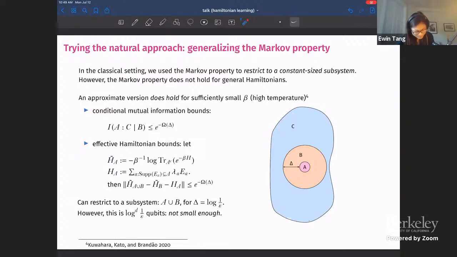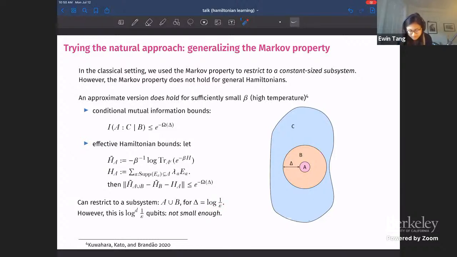The experts can probably understand what's going on here, but the way you should interpret this bound is that in the high temperature setting, if you wanted to learn a term that's supported on A, then you can take a ball around it of size a constant times log 1 over epsilon.